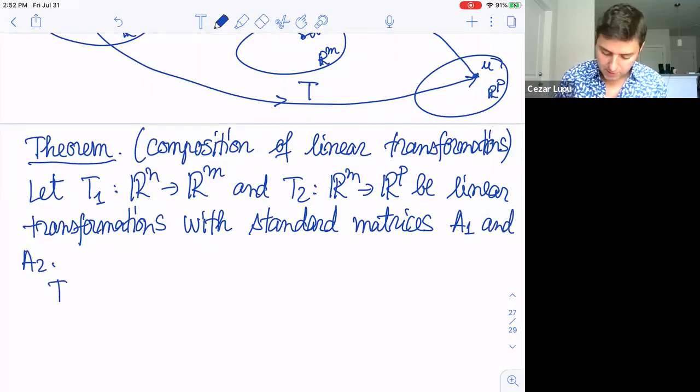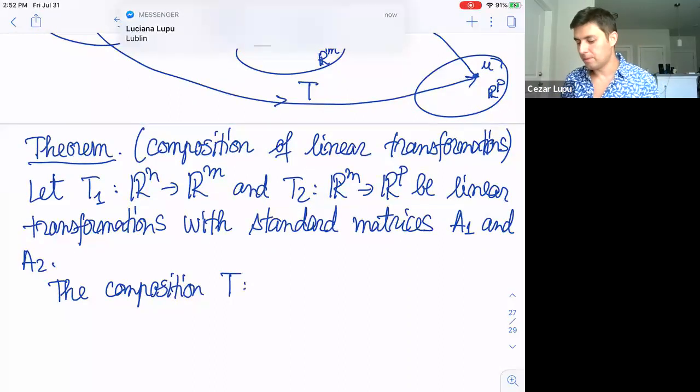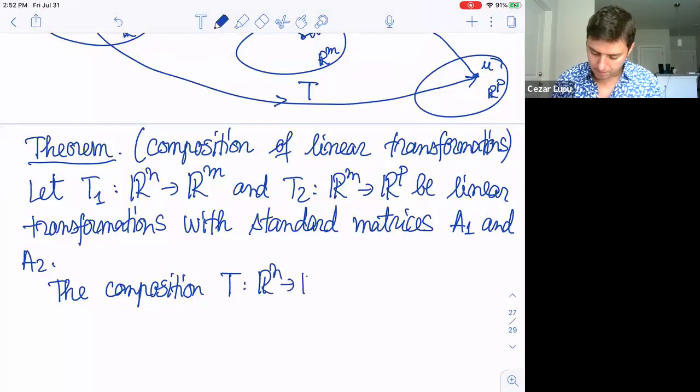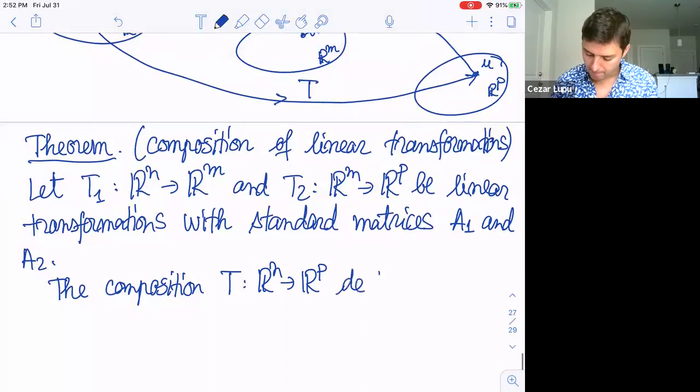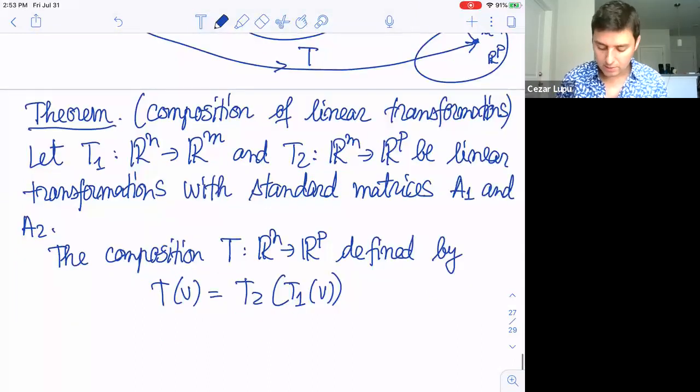Okay, the composition T, which goes from Rn to Rp, defined by T of V equals T2 of T1 of V, right, is a linear transformation.